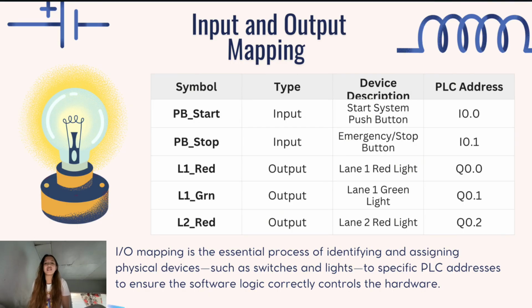Lastly, L2 red, assigned to Q0.2, controls the red light for lane 2. This proper input and output mapping ensures that when the PLC logic runs, the correct lights and buttons respond as intended, making the traffic system reliable and safe.